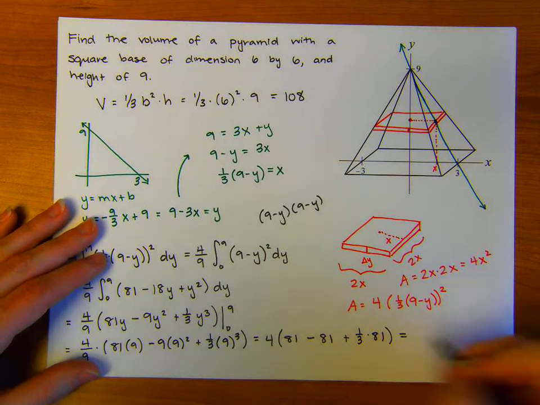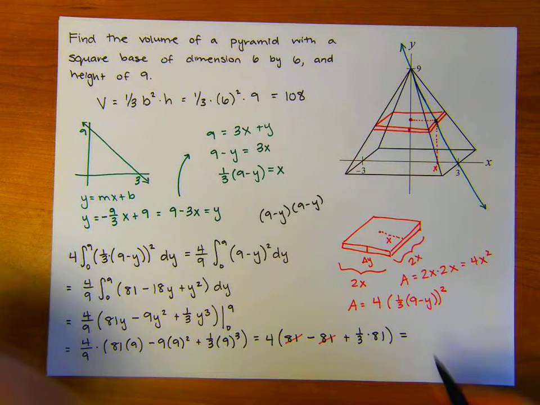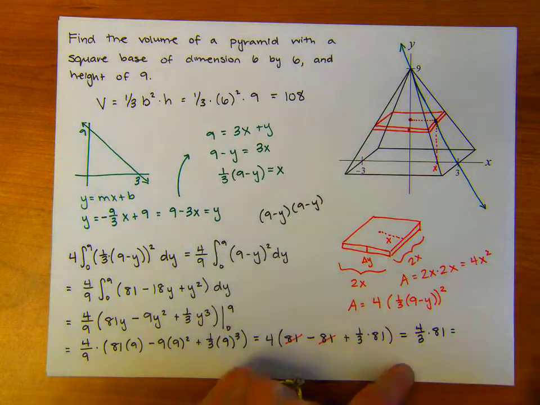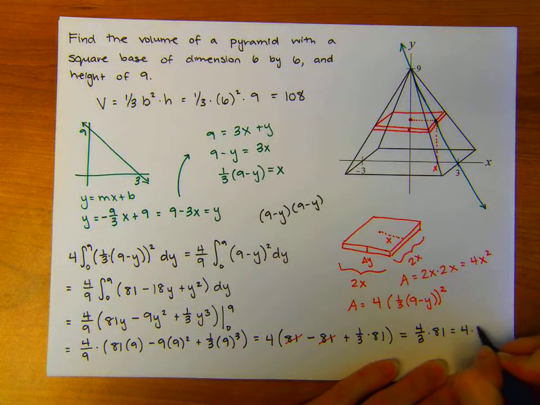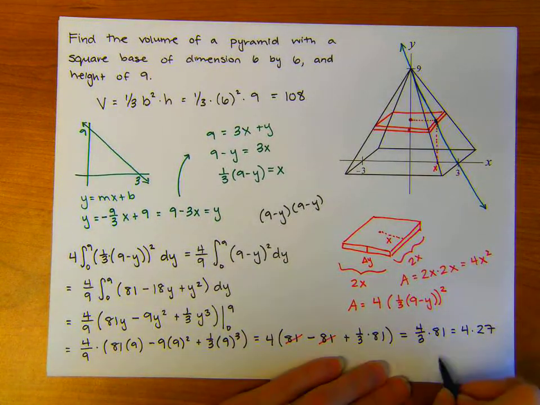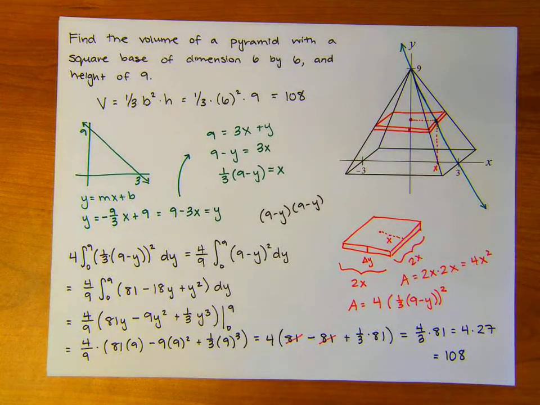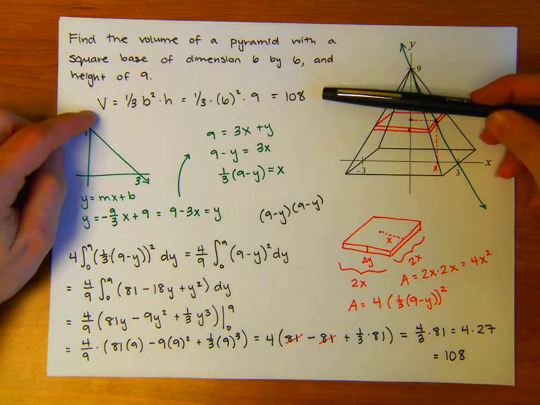Okay, and very nicely, these 81s cancel out. I end up getting 4/3 times 81, and 81 divided by 3 is 27. So I have 4 times 27, which is 108, exactly what we thought we should get with the volume of a pyramid formula that we knew.